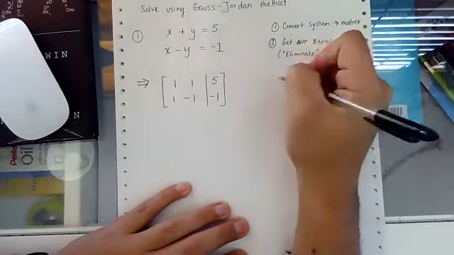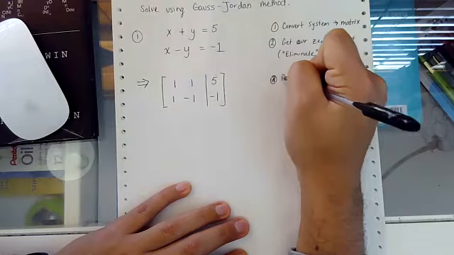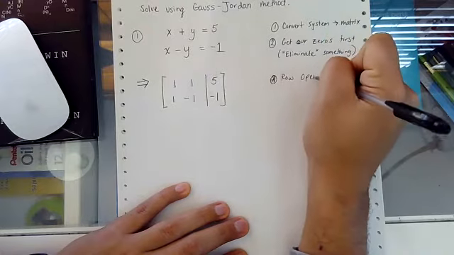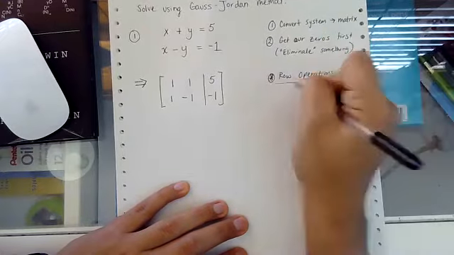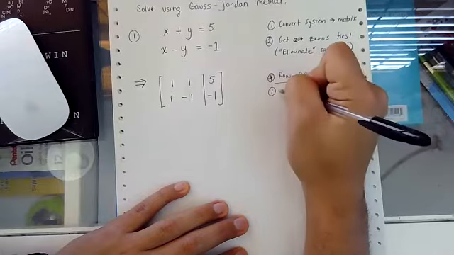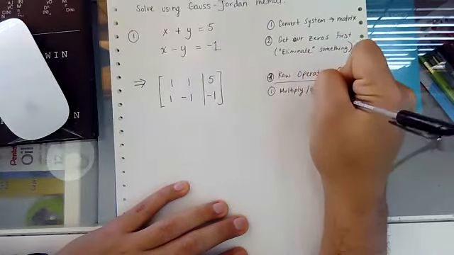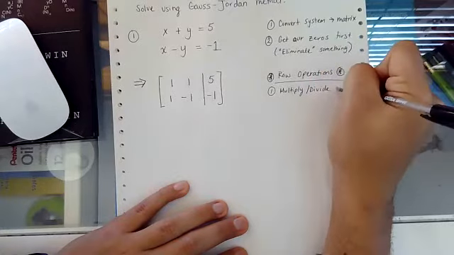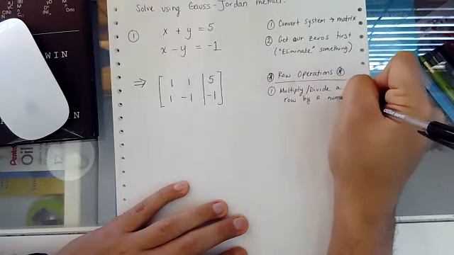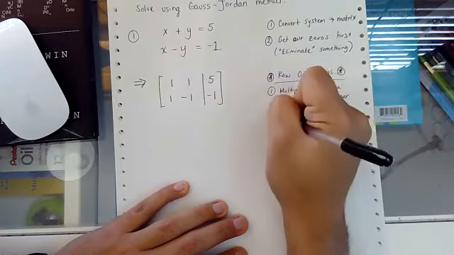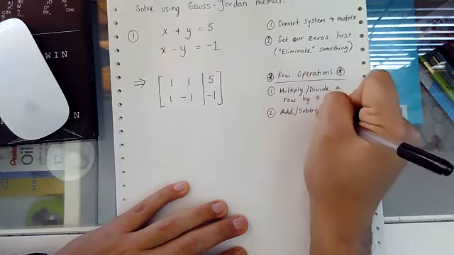Now remember, the rules that we can use here are the same as the rules for elimination. So our row operations are that we can multiply or divide a row by a number. We could add or subtract rows together.